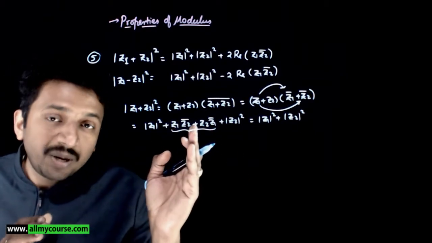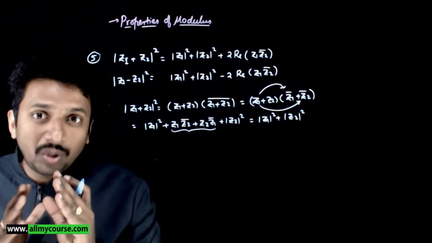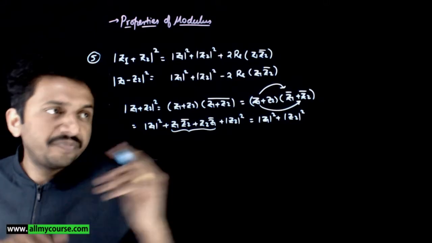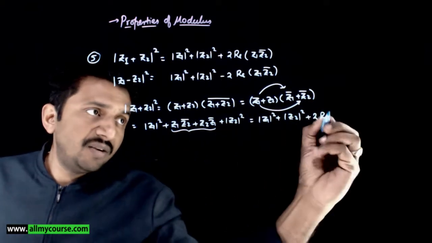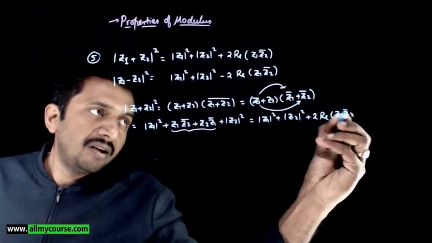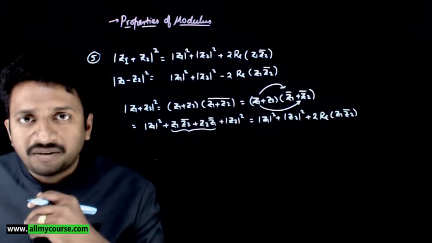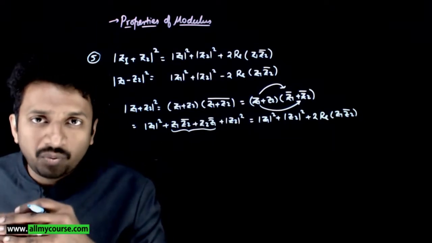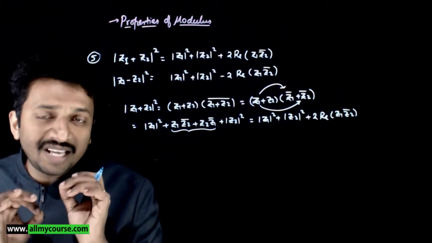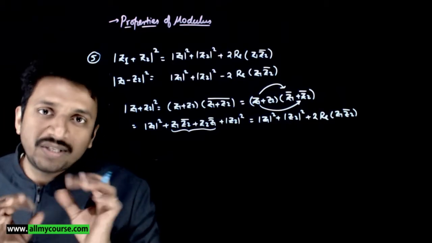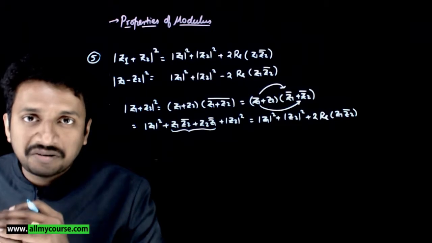A complex number plus its conjugate gives you 2 times the real part of the complex number. So that is equal to 2 times real part of either z1 z2 bar or z2 z1 bar; you can write whatever you want, both will be same. Real part of z1 z2 bar will be same as real part of z2 z1 bar, because both are conjugate to each other.